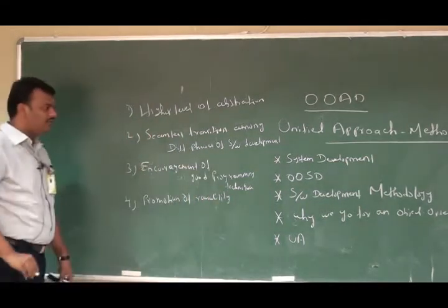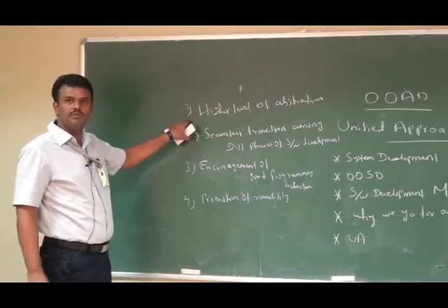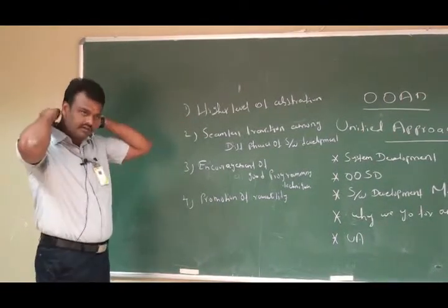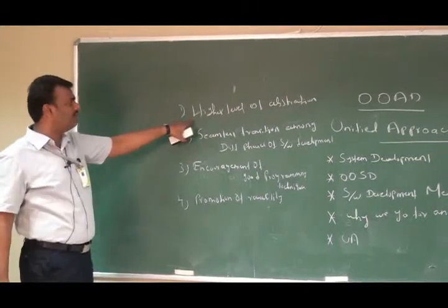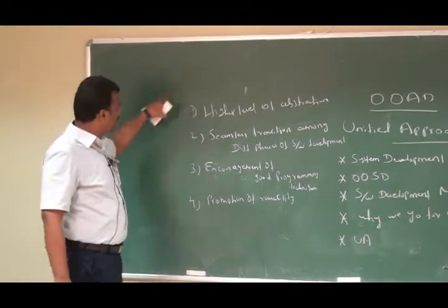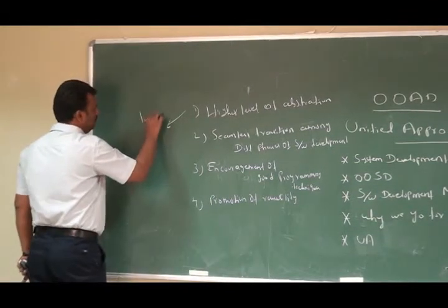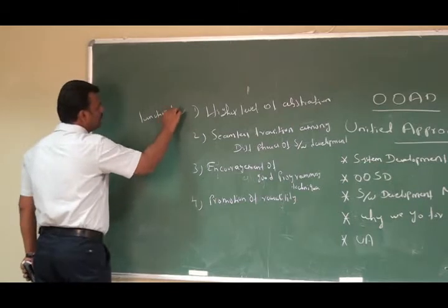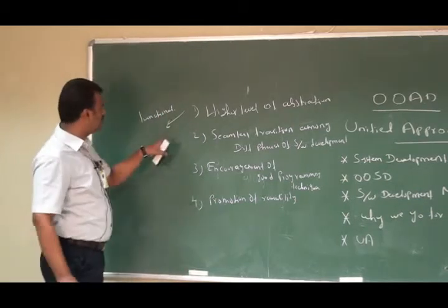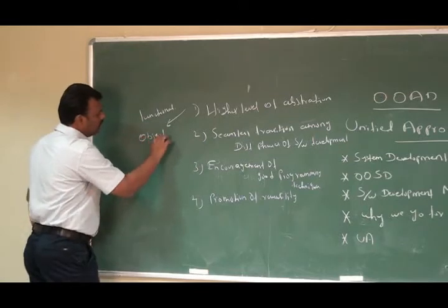Why do we go for object orientation? What is the difference between the traditional approach and the object-oriented approach? In the higher level of abstraction, what do you mean by higher level of abstraction? The traditional approach focuses only at the functional level. But the object-oriented approach focuses on both the data and functions, that is the object level.